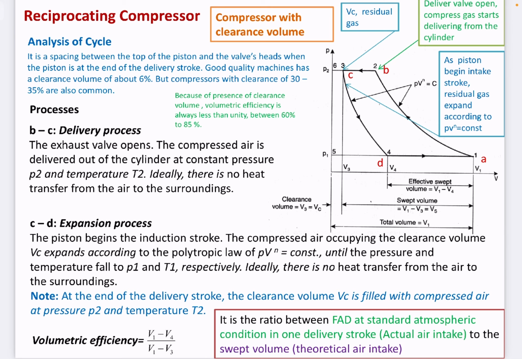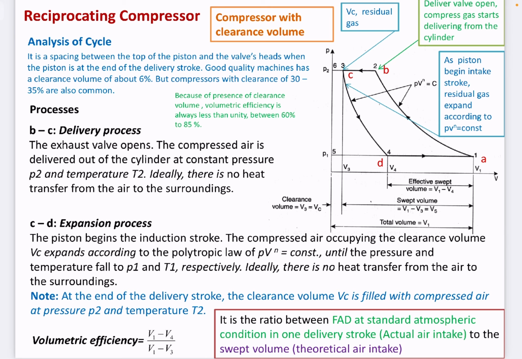C to D, here you find that there is an expansion. And why will that happen? Because the piston would again travel from top dead center towards the bottom dead center.